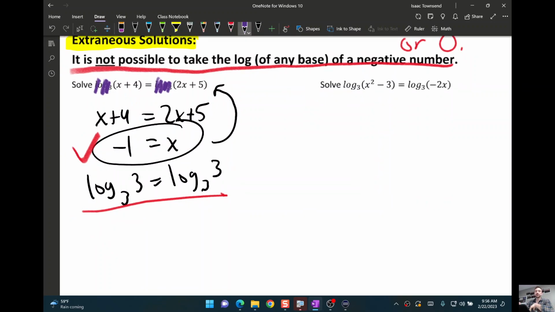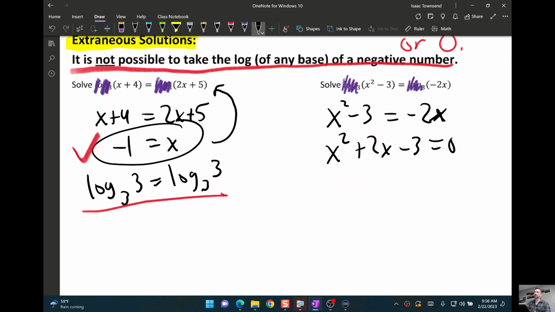So one more example so you can see one that is extraneous. Both sides of this also have log base 3, so that part's already balanced. We just need to make sure that the inside parts are balanced. This is a quadratic, so we would need to set it all on one side, set it equal to 0, and solve it, probably with factoring, although you could use the quadratic formula if you wanted to.